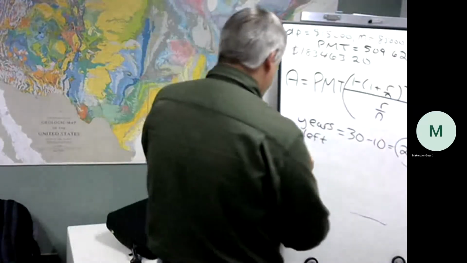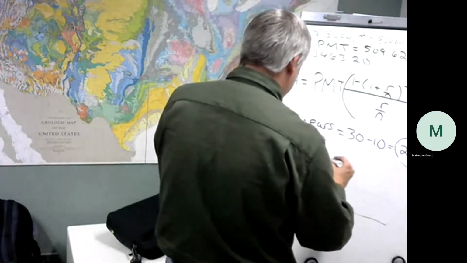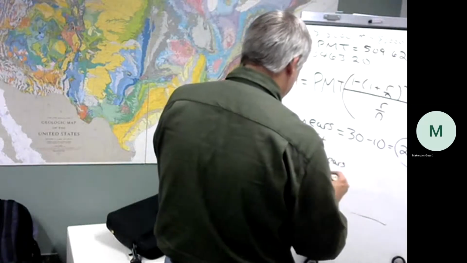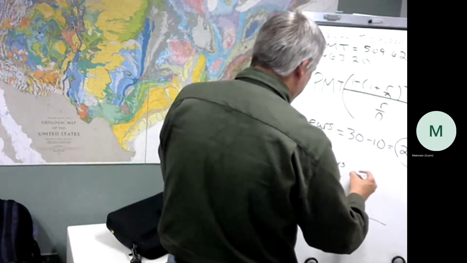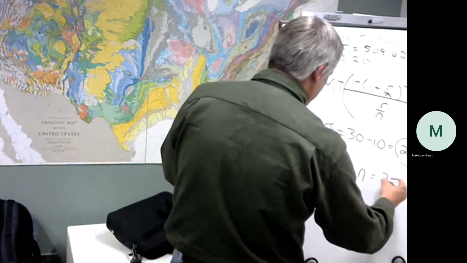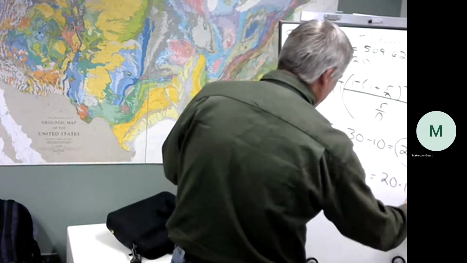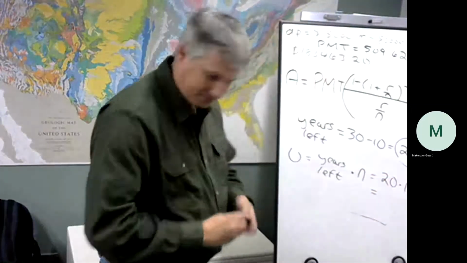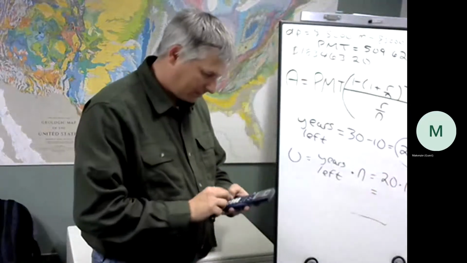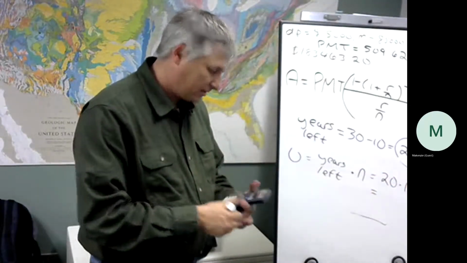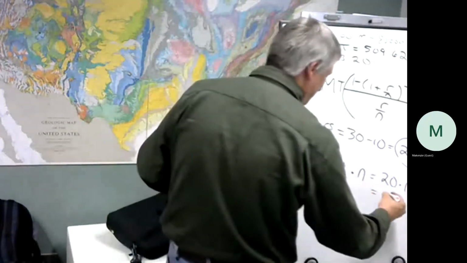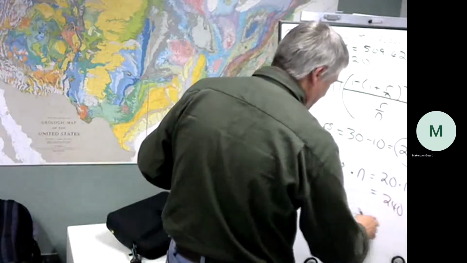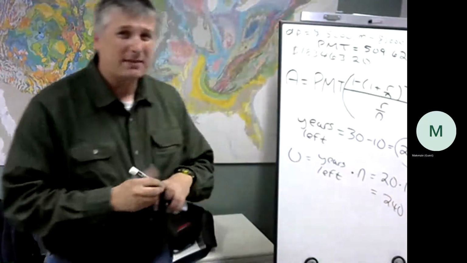And so U is going to be years left times N, or 20 times 12, or 240. So that means U is the number of payments that are in that 20 years.